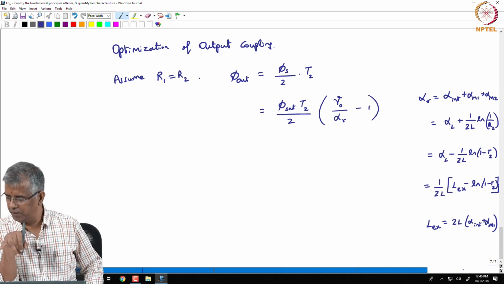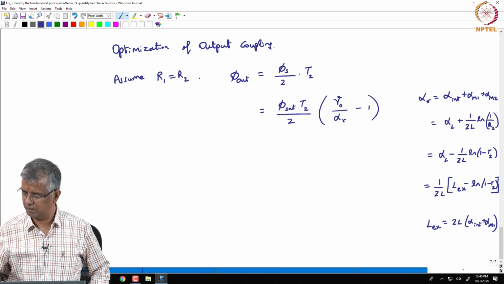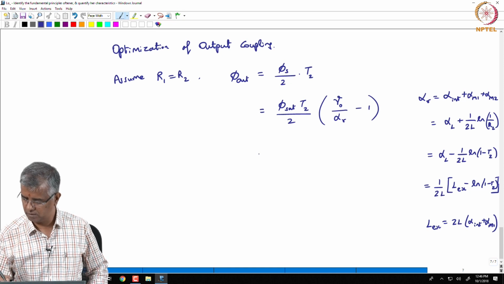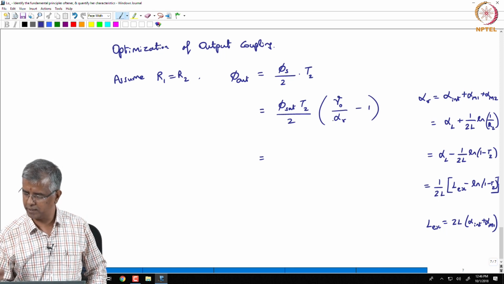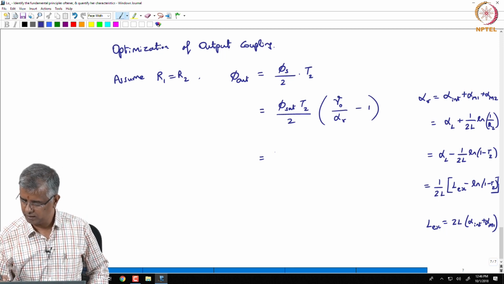Okay. Why I am doing all of that will be obvious in a minute, so just bear with me. So, I am just going to substitute that expression for alpha r over here.